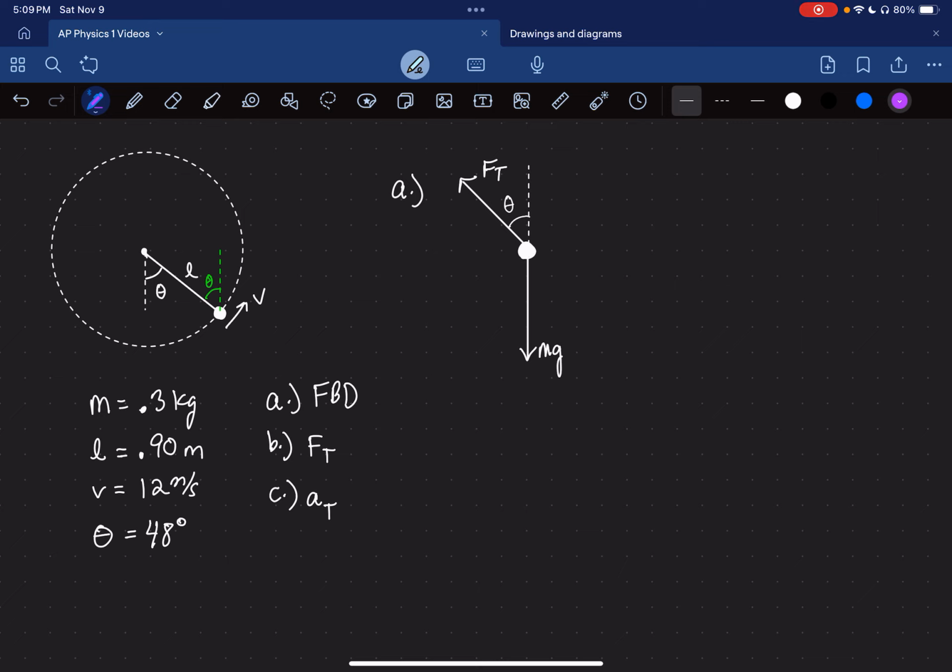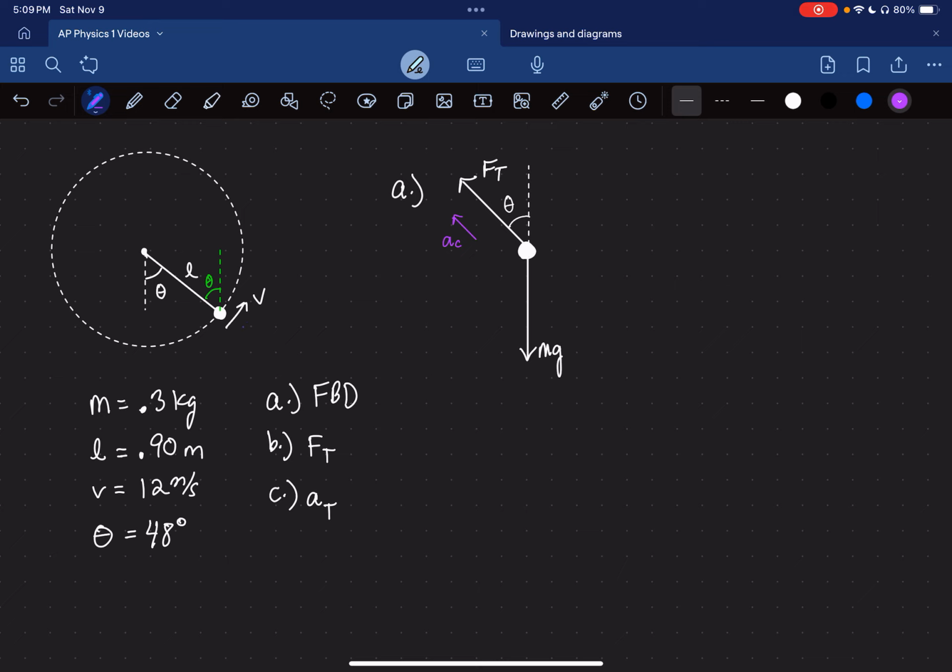Now it's important to note two things. There is a centripetal acceleration in that direction. The centripetal acceleration is changing the direction of the ball and it's pointed towards the center of curvature. And so we want to keep the tension force in that direction. We don't want to break that one up into components.